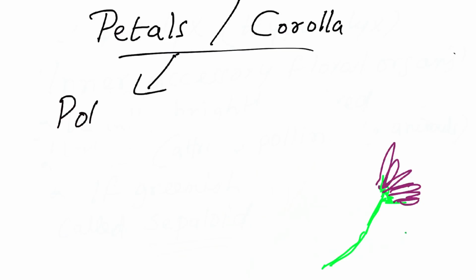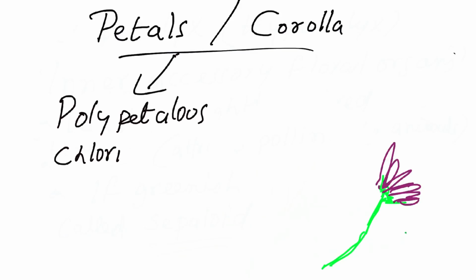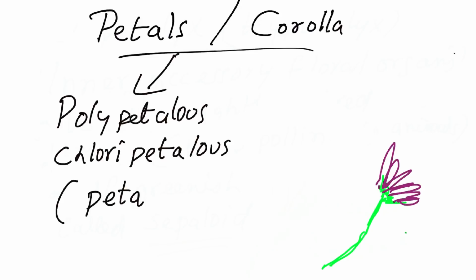Going on further, petals can also be divided into two based on how the components are arranged. That is, Polypetalous or Chloripetalous, which basically means that we are dealing with free petals, or the component petals are staying free, which means that they are not joined together.